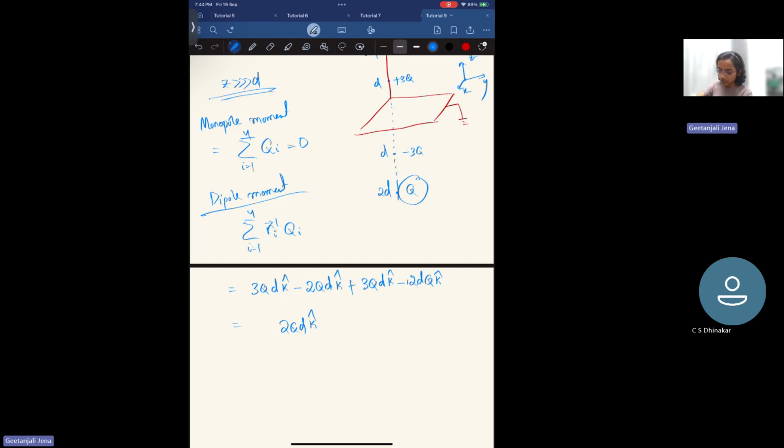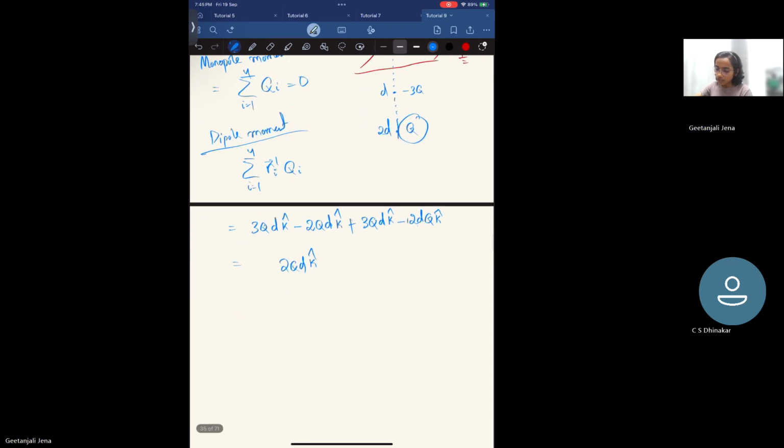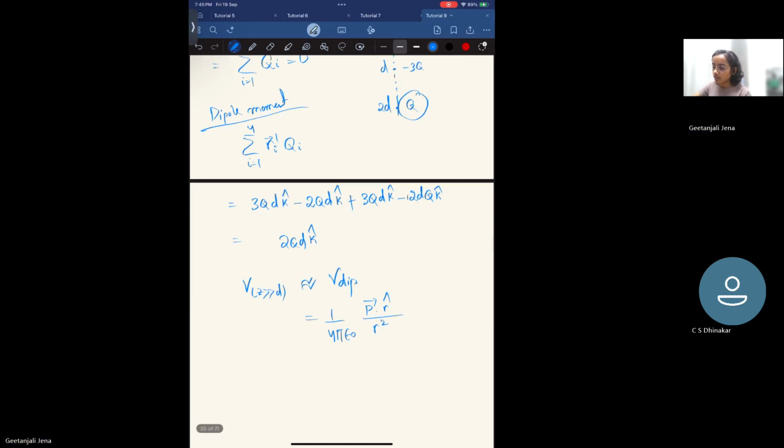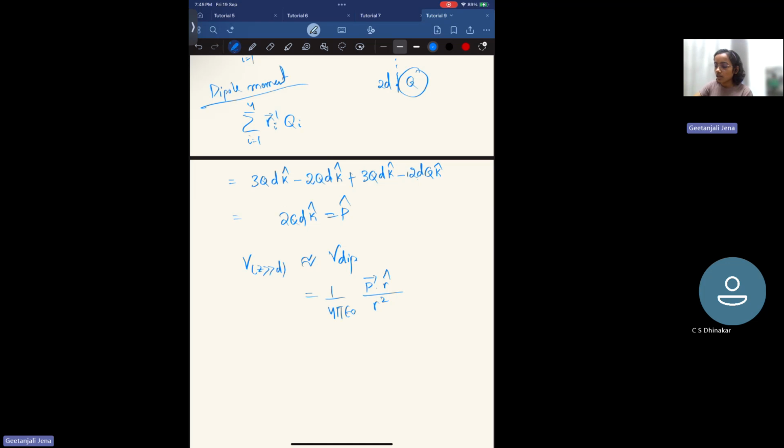That means the dominant term for the electrostatic potential at a large distance is the dipole term. So V for Z much greater than d will be dominated by V dipole. If you recall the dipole formula, it is 1 by 4 pi epsilon naught, P dot r-hat by r squared. This is P, r is Z, r-hat is k-hat.